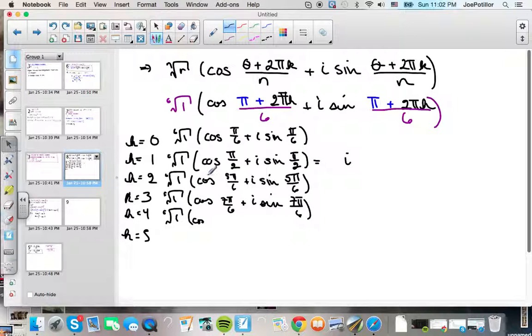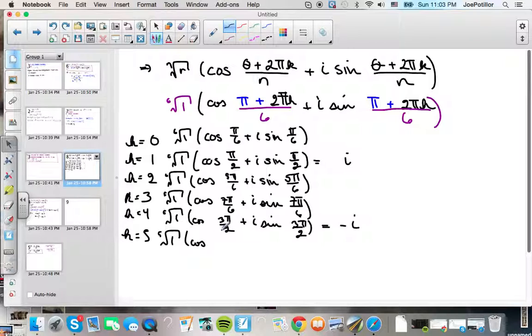But of course, 9 pi over 6 simplifies to 3 pi over 2, which simplifies to negative I. But who's counting? Okay. And then the fifth root, finally, the 6th root of 1.